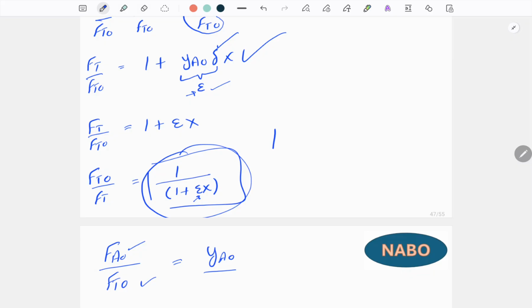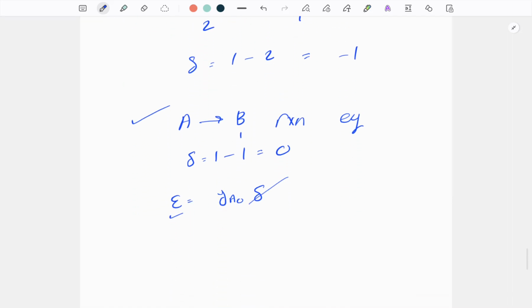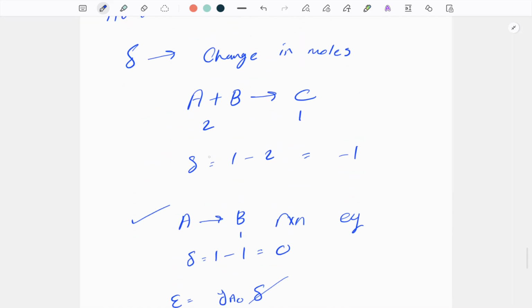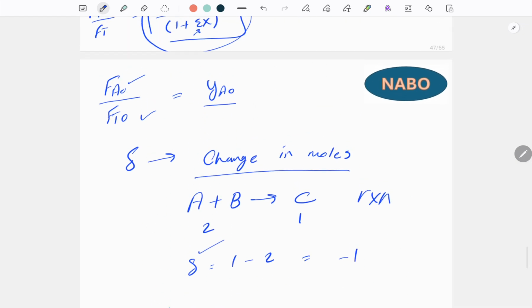Does that make sense? So let's go ahead and substitute that. This is how you get your gamma, which is from the chemical reaction. It's the change in moles. Your epsilon, your expansion factor, depends on gamma. When gamma is 0 due to an equimolar chemical reaction, your expansion factor is also 0, leaving this term to be 1.